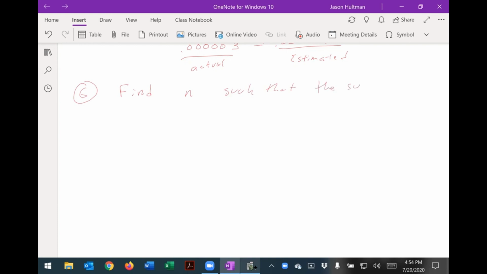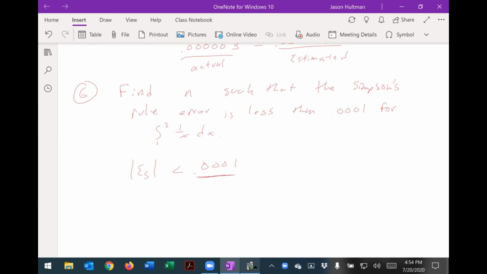So we're going to do the last problem, but backwards. I want the error of my Simpson's rule to be less than 0.0001. So what does n have to be within this bound?